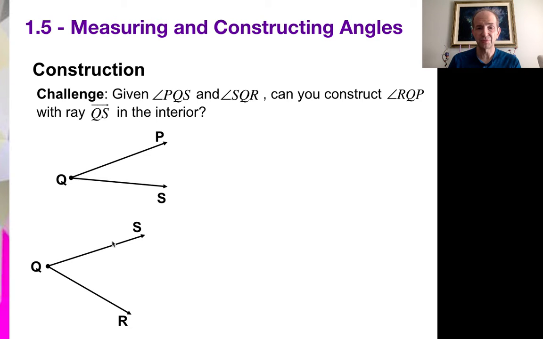What I want you to do is copy these angles in such a way that you create an angle PQR, so that S is in the interior. And I want both of these angles to add up to the final angle that you get. So that's a challenge for you, and why don't you stop the video and try that out on your own.